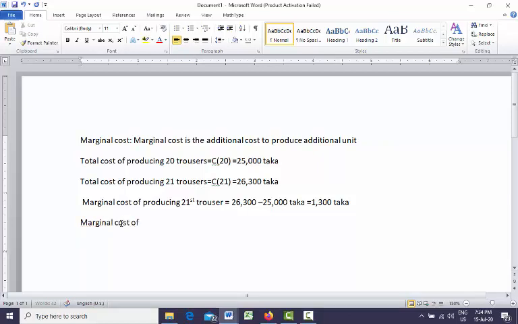Marginal cost of the 21st unit. Let us denote the marginal cost function as MC. So MC(21), the marginal cost of producing the 21st unit, can be written as C(21) minus C(20).